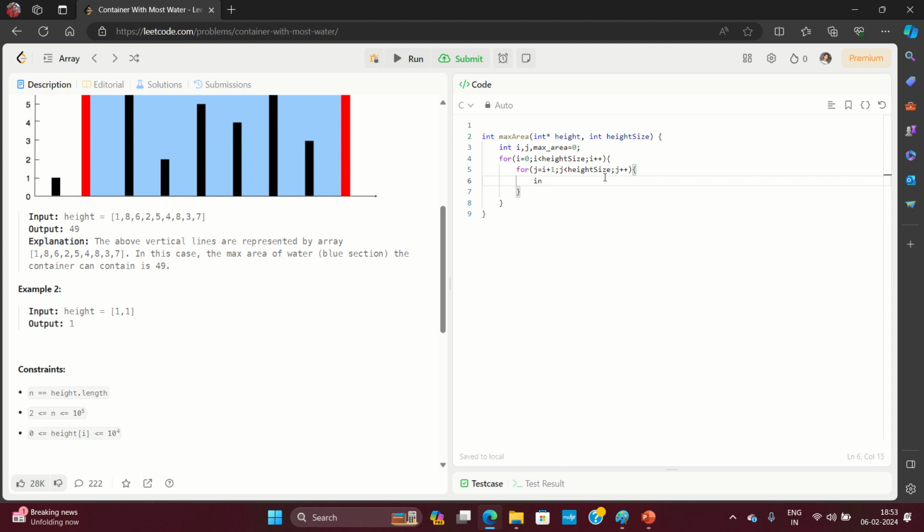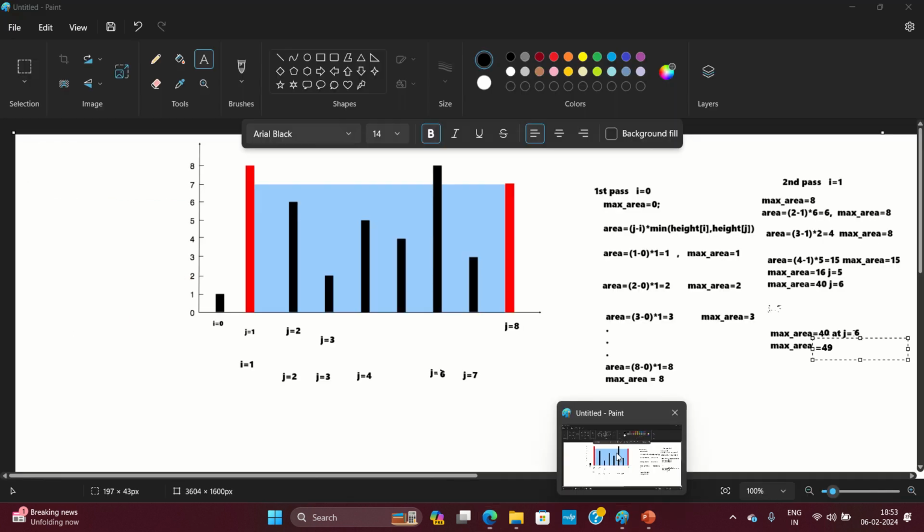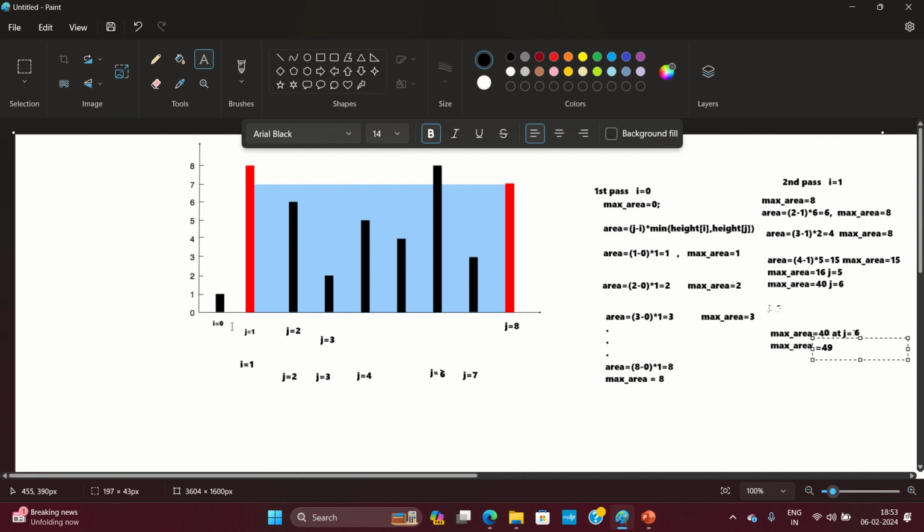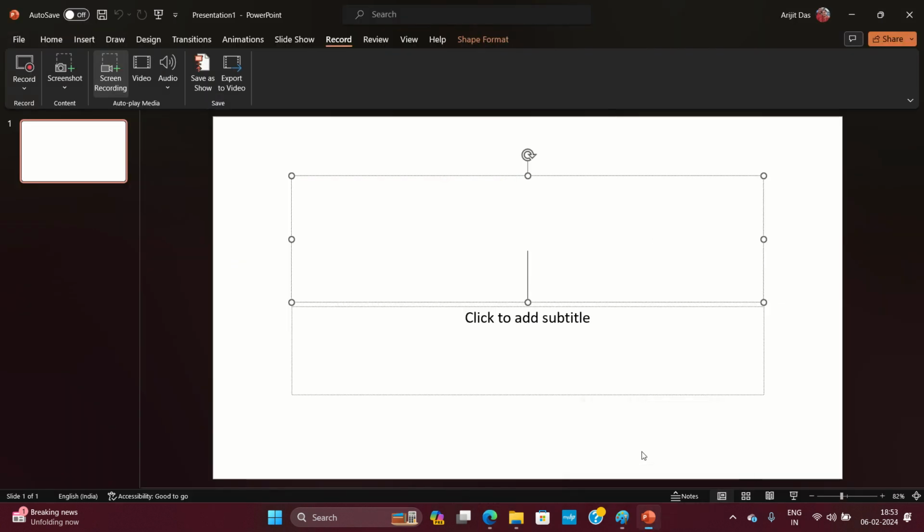For the area we can calculate it like this. First of all, the area is nothing but the base size into the minimum height among the two slabs.